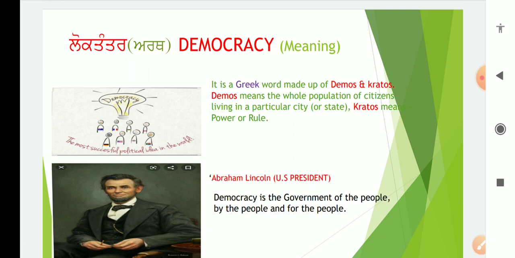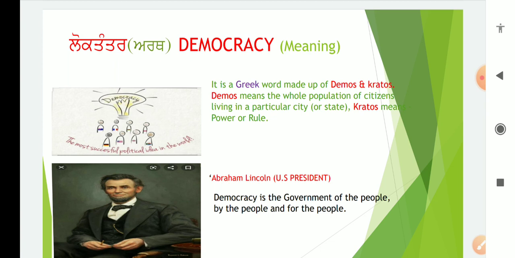It has been derived from two Greek words. One is demos, another is kratos. Demos means people or the population. Kratos means to rule. So democracy overall means rule of the people, means loktantra.